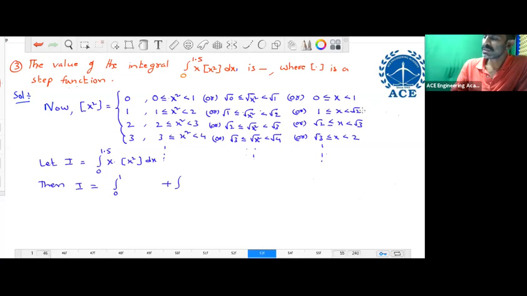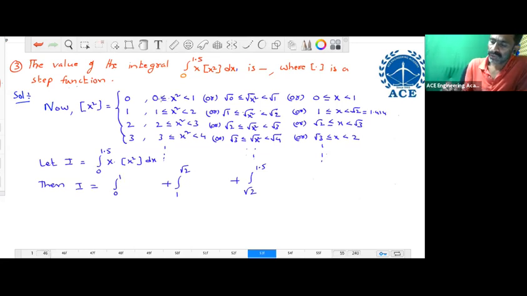Root 2 is 1.414, but our upper limit is 1.5, so we cannot stop here. Next, root 2 to 1.5, right?